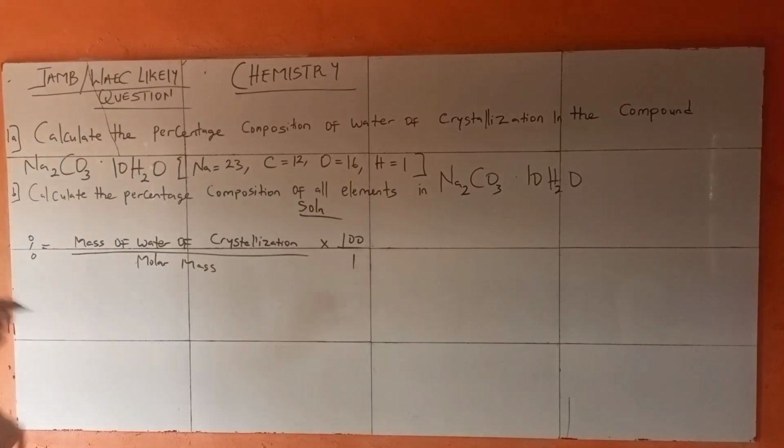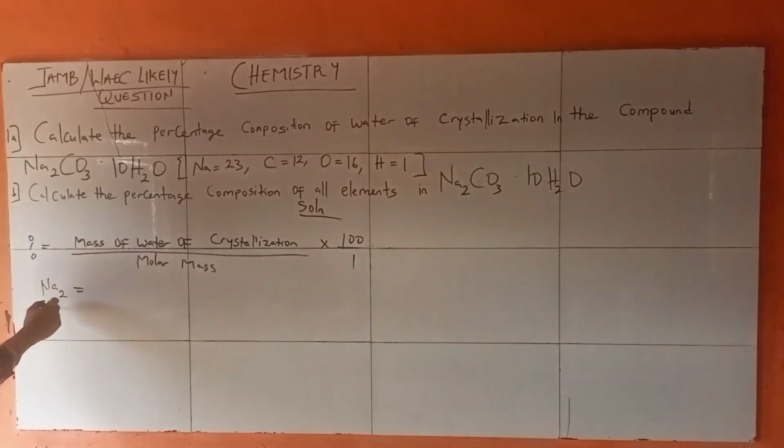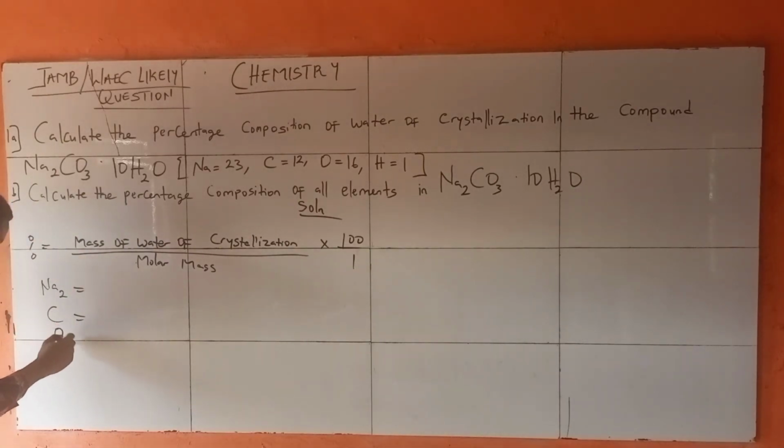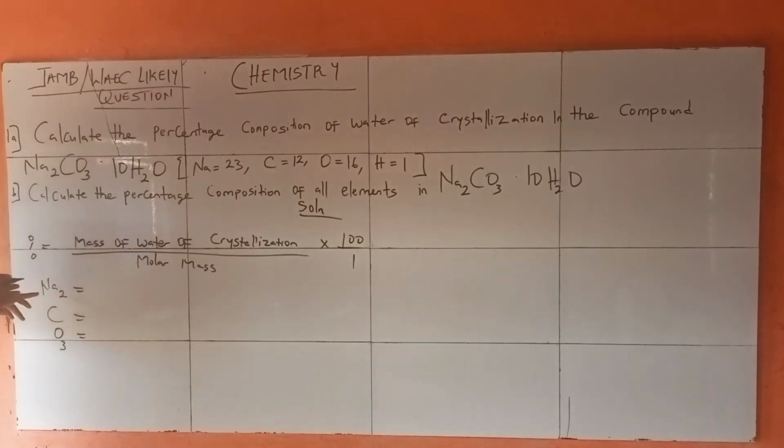The next thing we do is to bring out the compound. We have sodium carbonate, Na2CO3. Now, if you notice, sodium has two atoms.